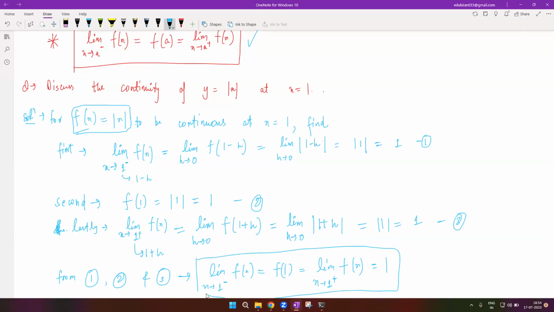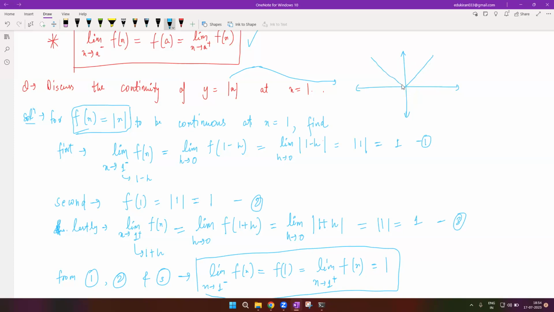Now, before we go further, I would also like to talk about the graph of this mod x. I don't know in which class, but we have drawn this graph, and at that time, I told you what the graph of mod x is. So you can also check this from the graph of mod x.